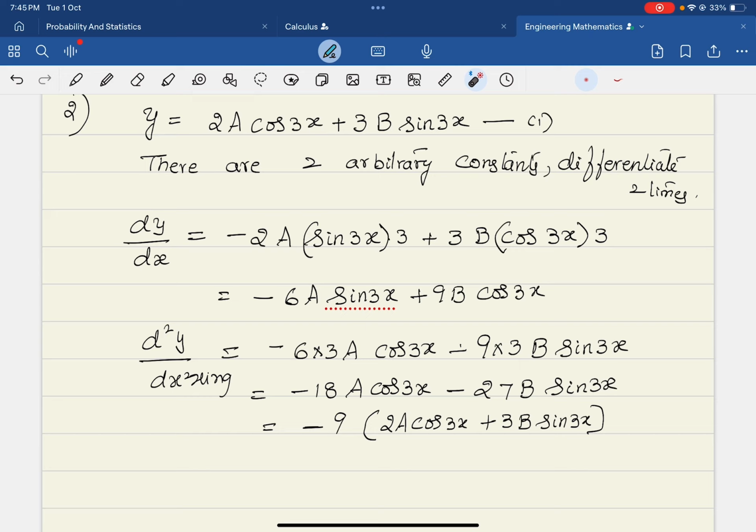So when I get 2 here, I want to get 2 but I don't want 18. Here it is 27 but I want to say 3. So I will take 9 as a common. So now it is giving you minus 9 times of the original function y.